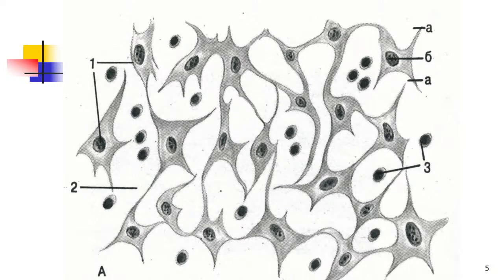Today we will study reticulocytes, and many students make mistakes about the full name of these cells. Remember, please: in reticular connective tissue, the cells are named reticular connective tissue cells.